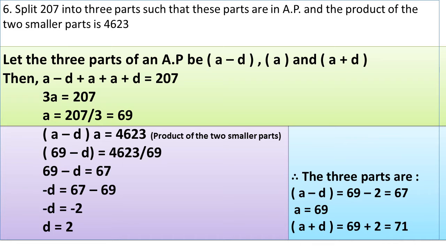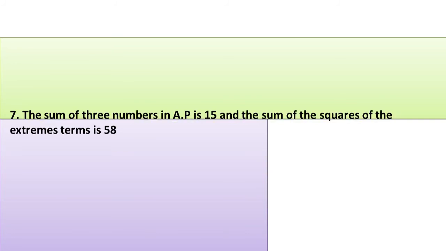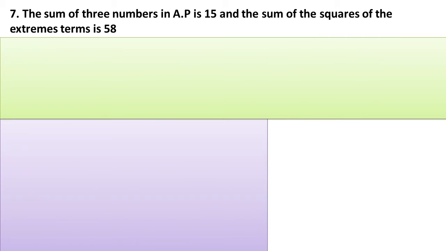Therefore, the 3 parts are 67, 69 and 71. You can just add these 3 terms, you will get 207. Find out the product of 67 and 69, that will lead to 4623.